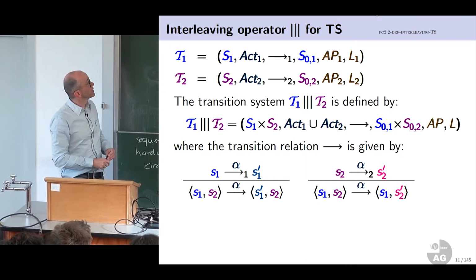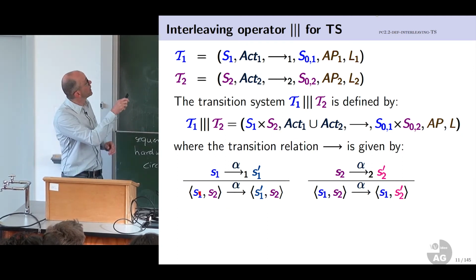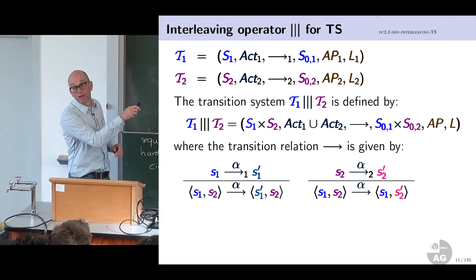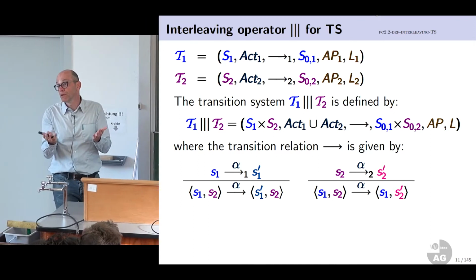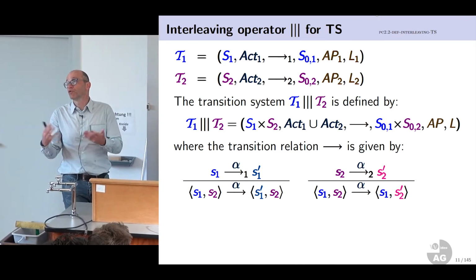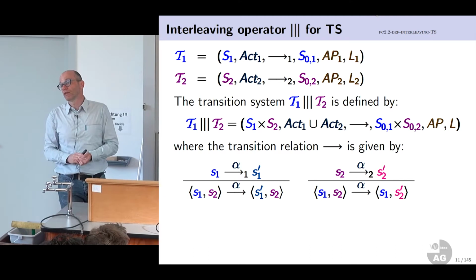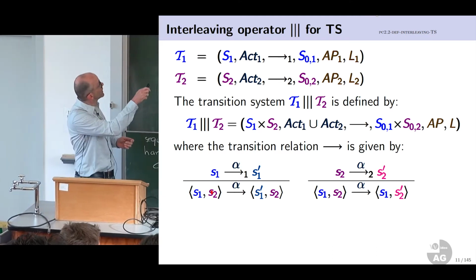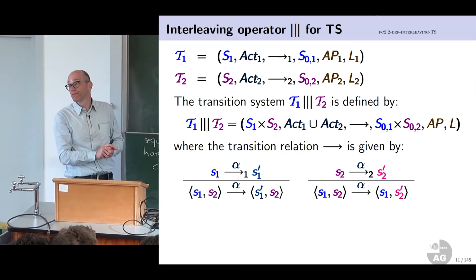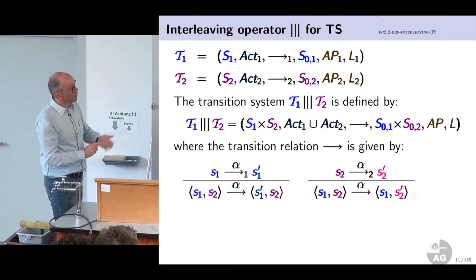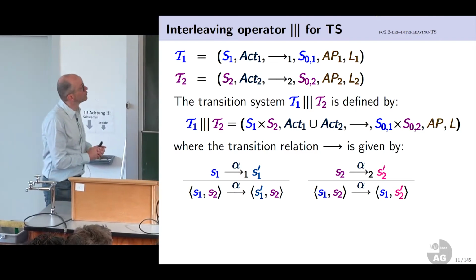And what will be the resulting state? The resulting state will be that S1 has moved to S1 prime, which is written in the premise. And actually the second thread did not do anything. It simply stays in S2. So the second component stays in S2. Yeah. The rule on the right is the symmetric version of the rule on the left.